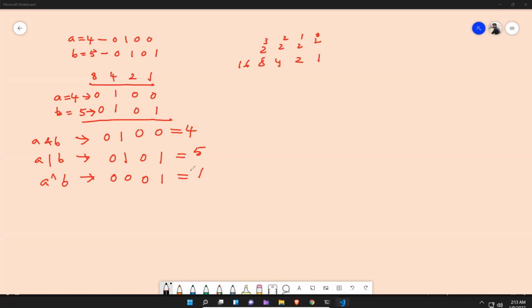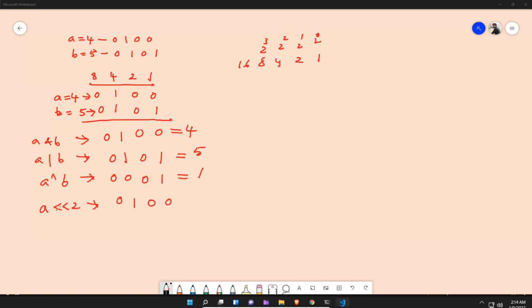Now tilde A, we'll discuss that later. First the left shift operator, A left shift 2. Here you will have only one operand before the shift amount. A is 0 1 0 0.